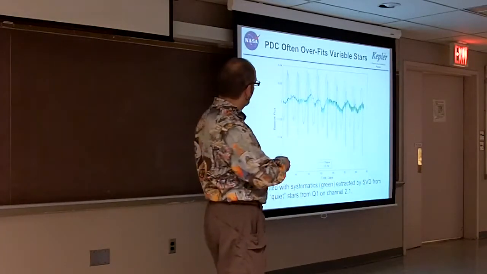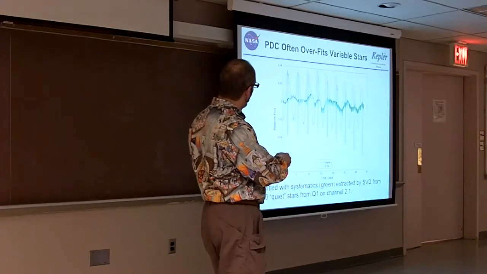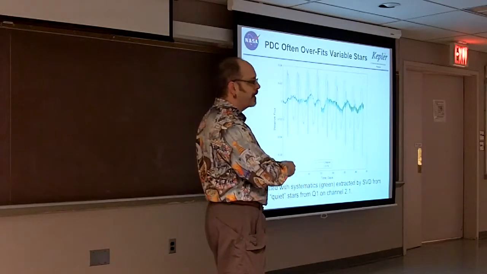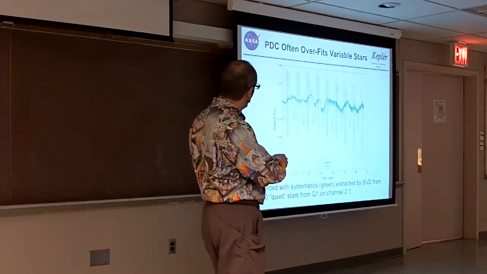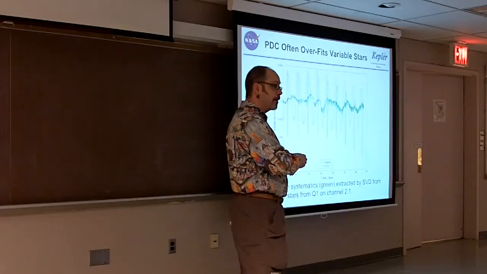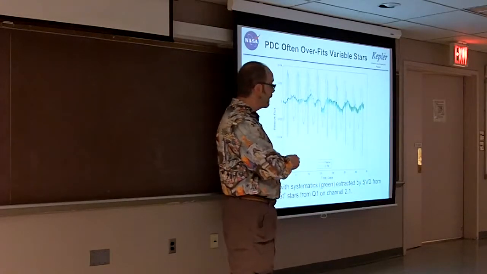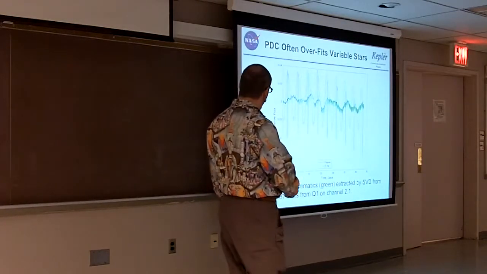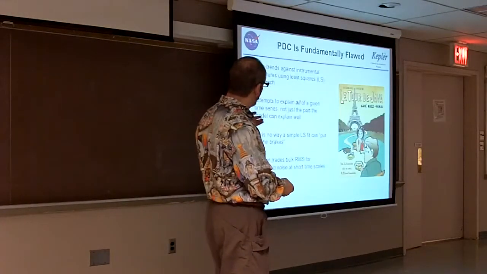And it finds a linear combination of those things that reduces the bulk RMS of the blue when you subtract it off, but it does a lot of bad things to this light curve too. As you can see, the blue light curve does not have all this hair and fuzz on it. Now, this hair and fuzz is real stuff going on in the photometer, but a straight least squares fit really doesn't know the difference. So that's what is motivating us to find another way.